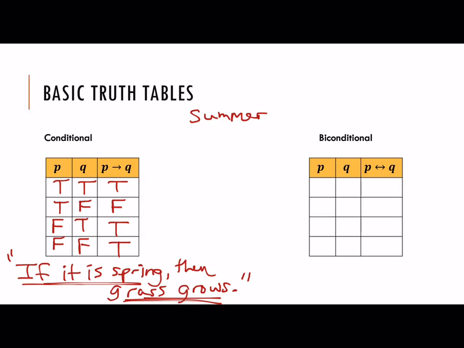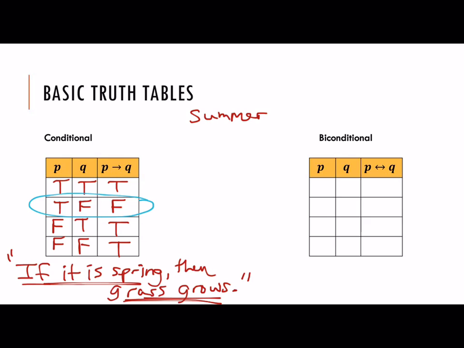All right, so really the only time when a conditional statement is false is if all of the conditions have been met and yet the conclusion is not true. So I've promised something. I've said if it's spring, then the grass grows, but if it's not, then that would be a false statement.